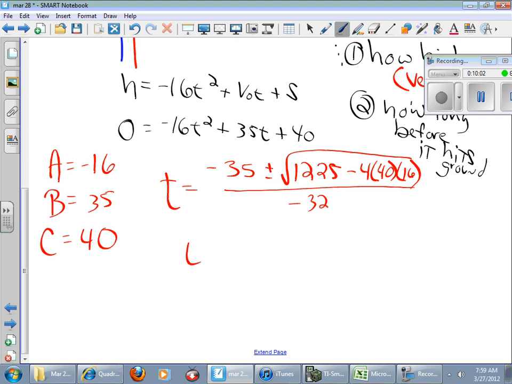I'm going to simplify that as much as I can. Negative 35 plus or minus 1,225. And I know I'm going to get a positive because I think I missed a sign right there. Yeah, my A is negative. So I'm going to get a positive here.